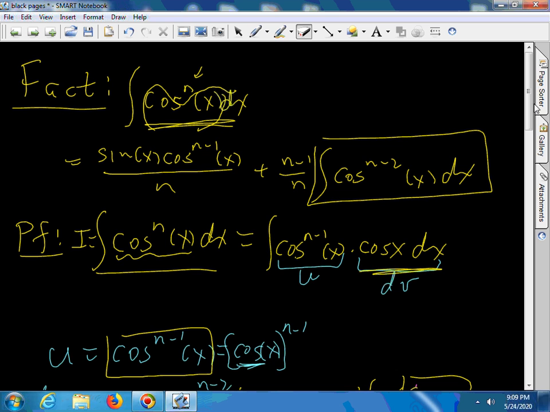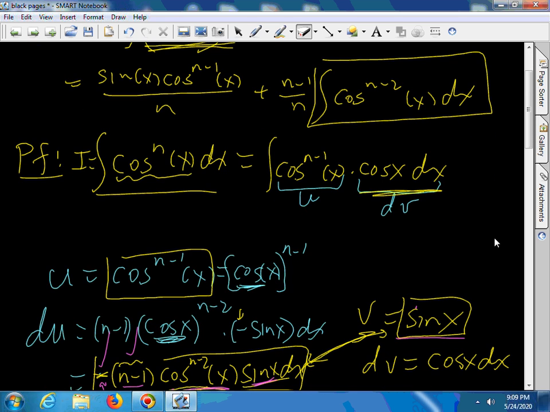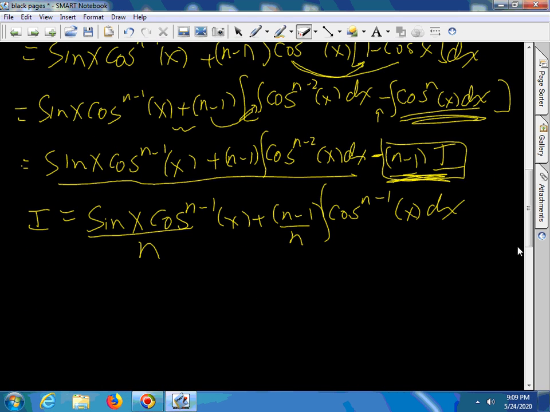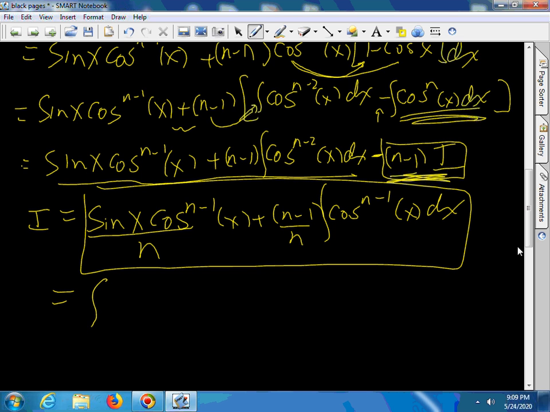So please don't use this formula if n is 0: first of all, it's a real simple integral to solve, and second of all, this method will not work because you would be dividing by 0. So this here is equal to the integral of cosine to the n of x dx. That is the reduction formula.